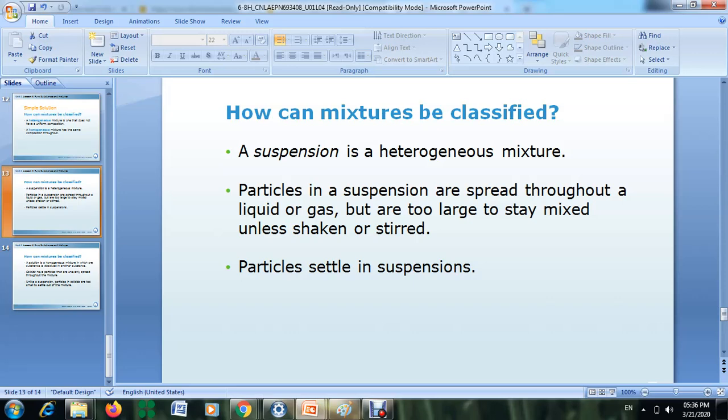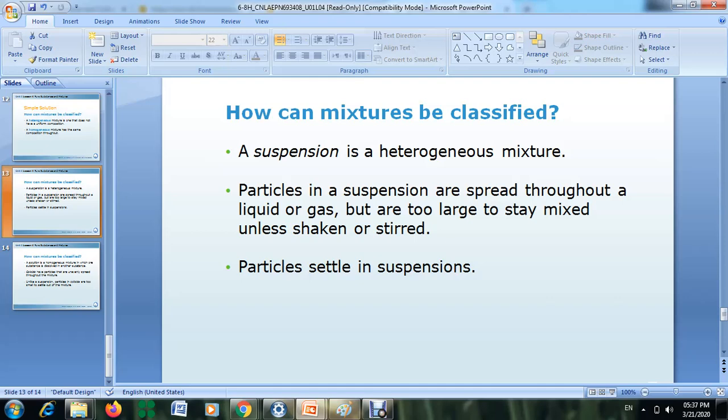We said heterogeneous. In heterogeneous mixtures, the particles will not disappear. They will not be uniform. The particles in suspension are spread throughout a liquid or gas, but are too large to stay mixed unless shaken or stirred.